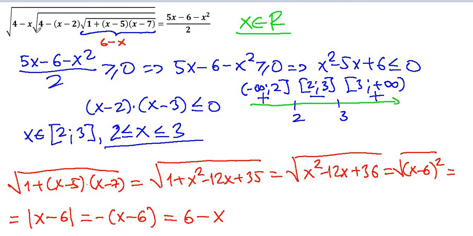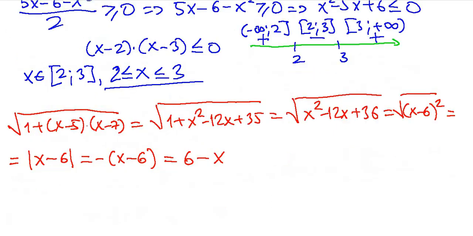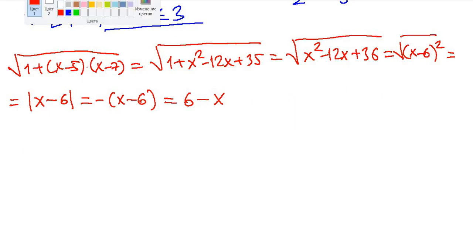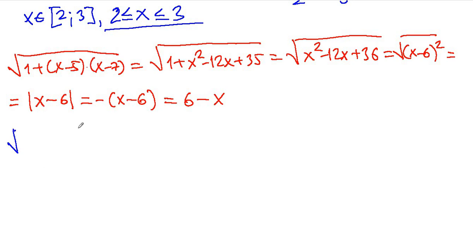And now the next radical is square root of 4 minus (x minus 2) times (6 minus x). So let me write here. So square root of the next one, 4 minus (x minus 2) times (6 minus x).